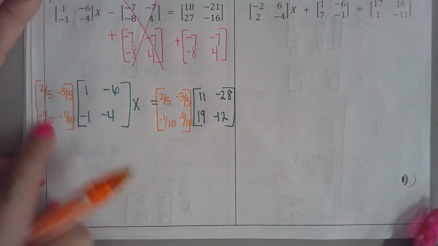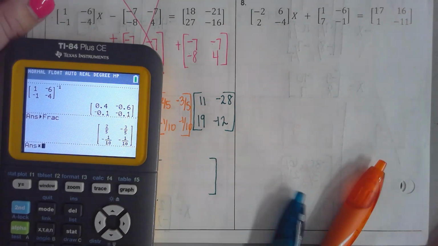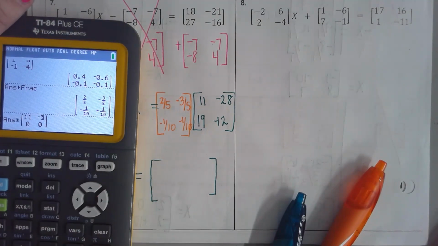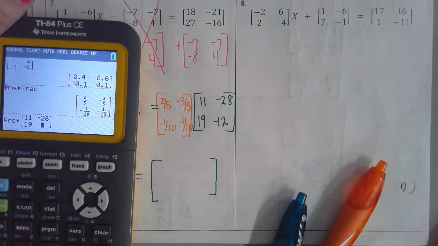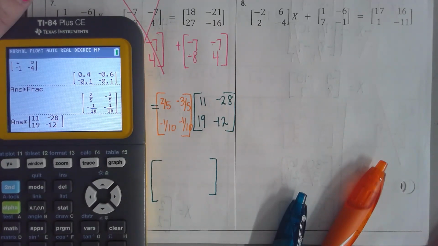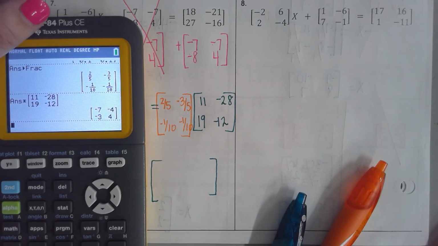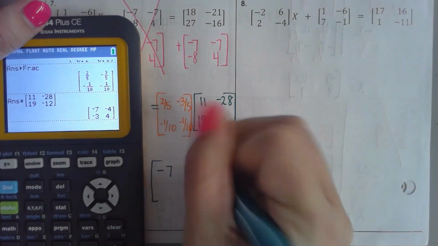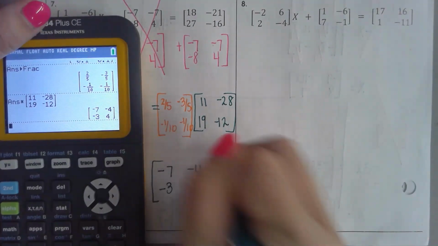So on this side, that causes those to cancel. To multiply. And I get negative 7, negative 4, negative 3, 4.